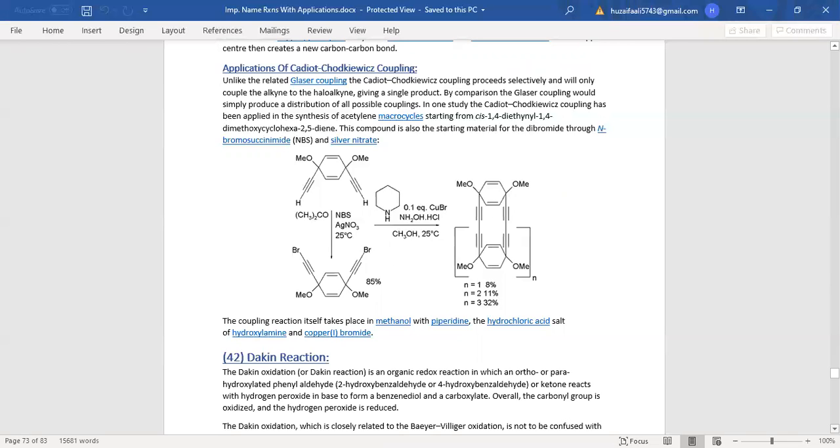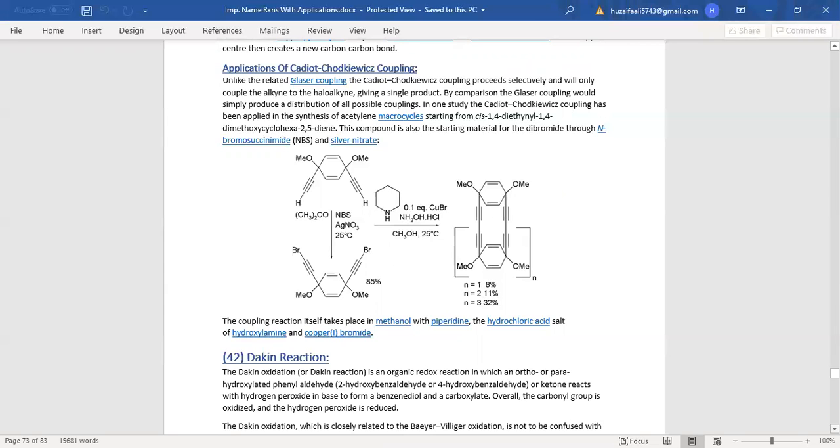In one study, the Cadiot-Chodkiewicz coupling has been applied in the synthesis of acetylene macrocycles starting from cis-1,4-diethynyl-1,4-dimethoxycyclohexa-2,5-diene.